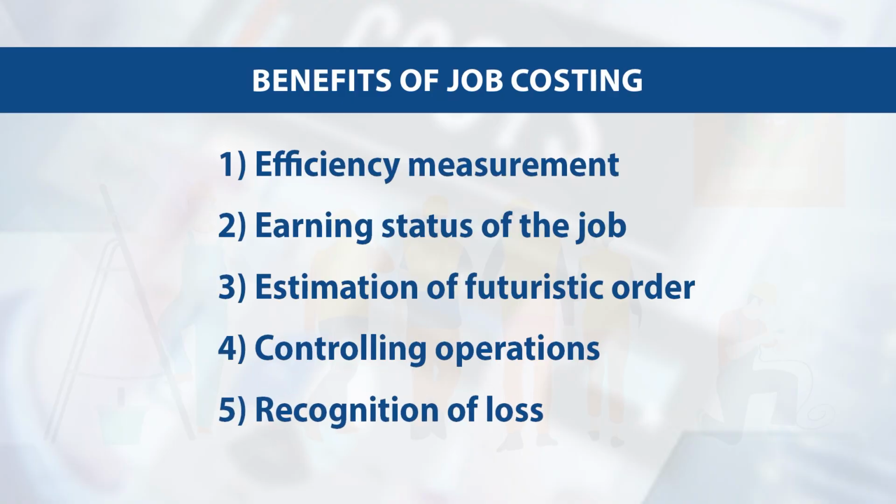Fifth, recognition of loss. During production of a job, different types of losses may take place. Due to job costing system, waste, scrap, spoilage and defective goods are recognized, and corrective action against the responsible person or department can be undertaken.